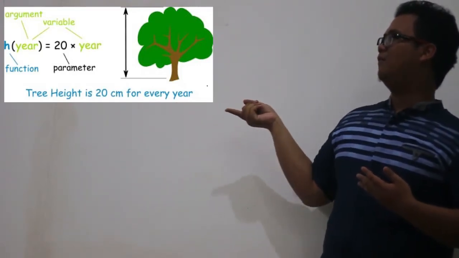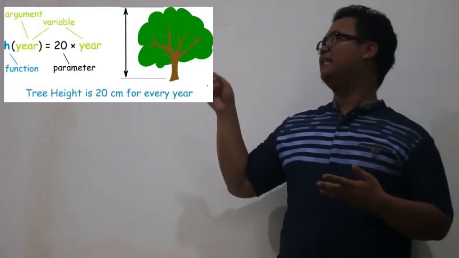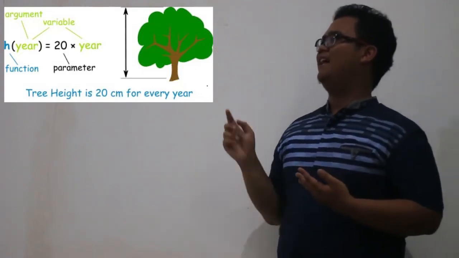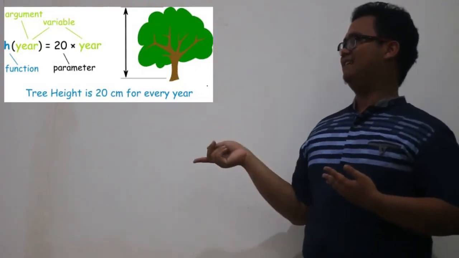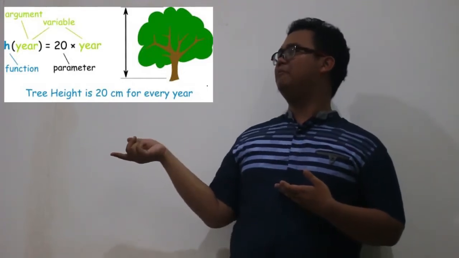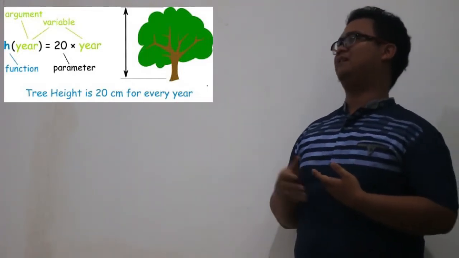The one that is 4 years old, we multiply 20 by 4, which is 80 centimeters. And 20 multiplied by 3 is 60 centimeters.